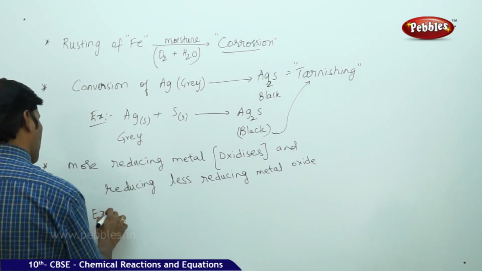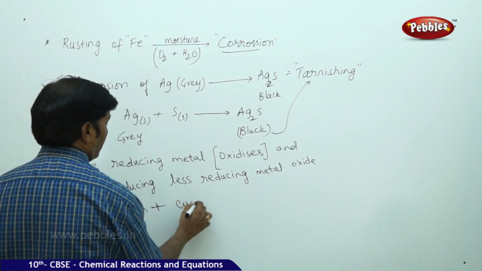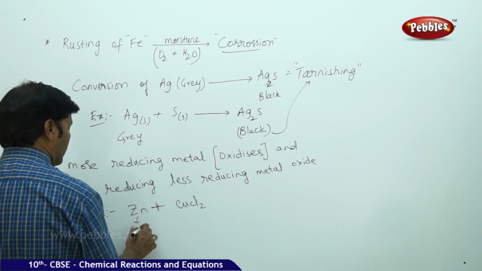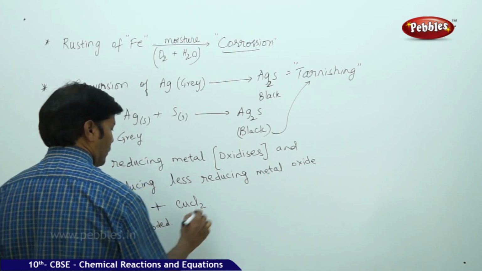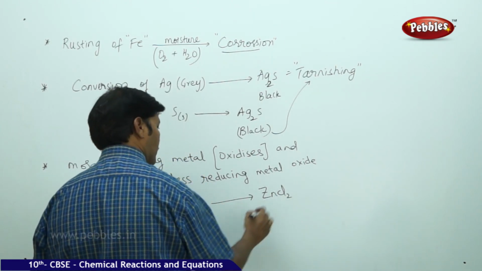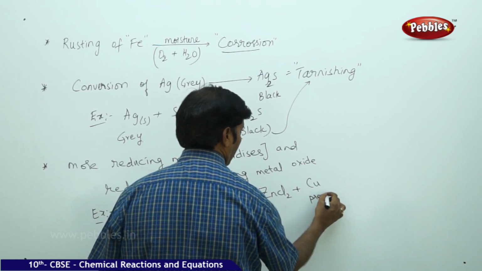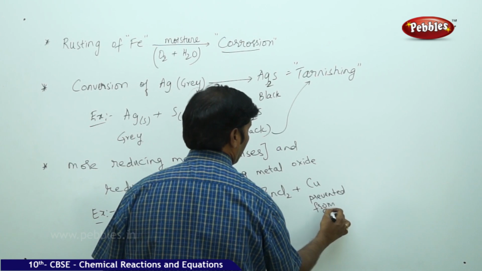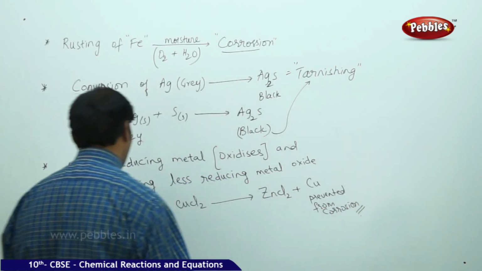Example, zinc plus cupric chloride. Zinc gets corroded, giving zinc chloride, and copper is prevented from corrosion.